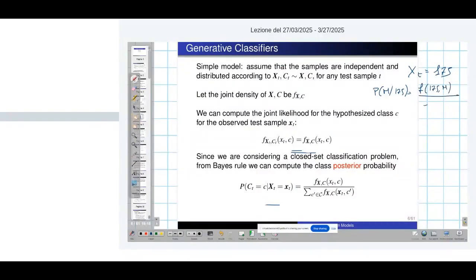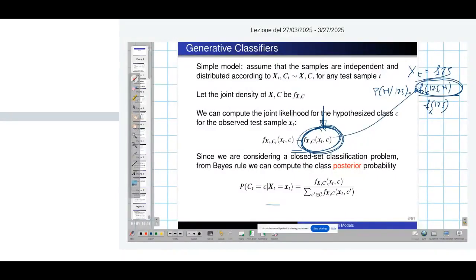By Bayes' rule, the density computed at 175 of the height random variable. This one, if I have the joint model, I know it, because if I have a model that gives me this quantity, this is exactly what I need to compute at the numerator. So we'll see how to build this model.